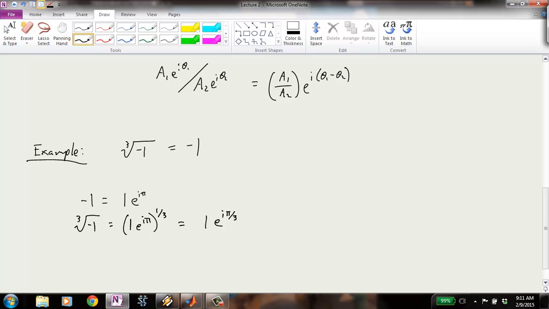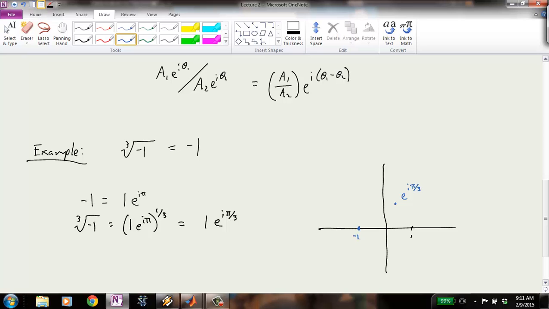So this is a complex number that is exactly right here. Let's mark where 1 is again. This complex number is right about here. So this is e to the i pi over 3. Let's mark where negative 1 is. Of course, negative 1 is over here, and that's the number we're trying to take a cube root of.